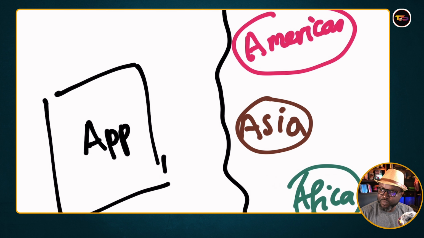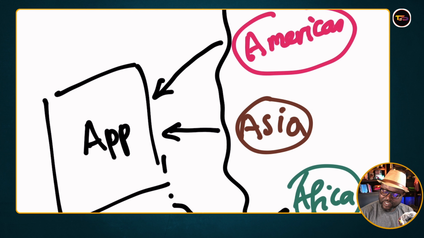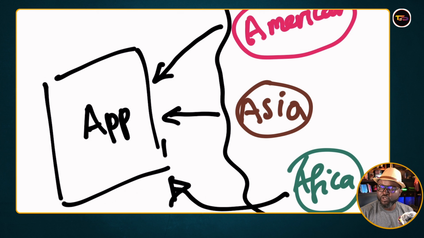So you have people in different places, and you want to make sure that all of them can access your application. How do you make sure that somebody from America can access it as easily as someone in Asia and someone in Africa?